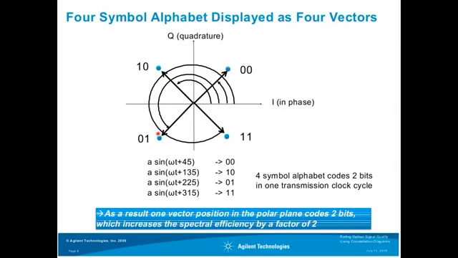We transmit these vectors by transmitting the corresponding modulation, either 45, 135, 225 degrees, and so on. So a 4-symbol alphabet codes 2 bits in 1 transmission symbol clock cycle. This leads to an improvement in the spectral efficiency by a factor of 2.